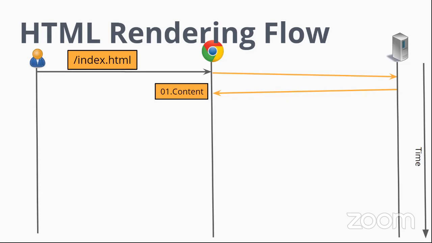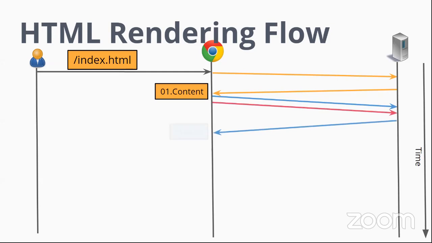In this case, we have two external dependencies, the CSS and the JavaScript. Immediately the browser triggers two calls to the backend and waits for the CSS to load. The CSS loads back, and then the JavaScript gets loaded.